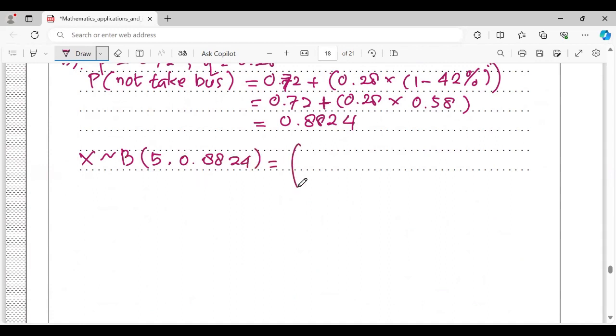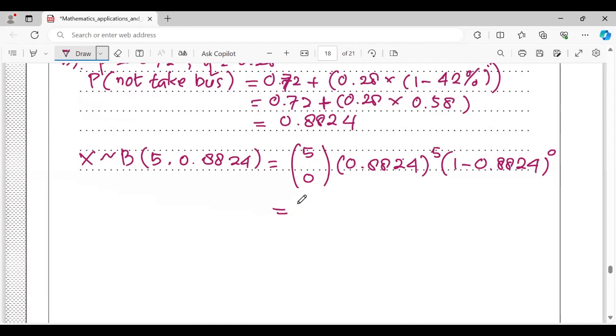It becomes a combination 5 choose 0 times 0.8824 to the power 0, or 5 choose 1 times 1 minus 0.8824 to the power 4.